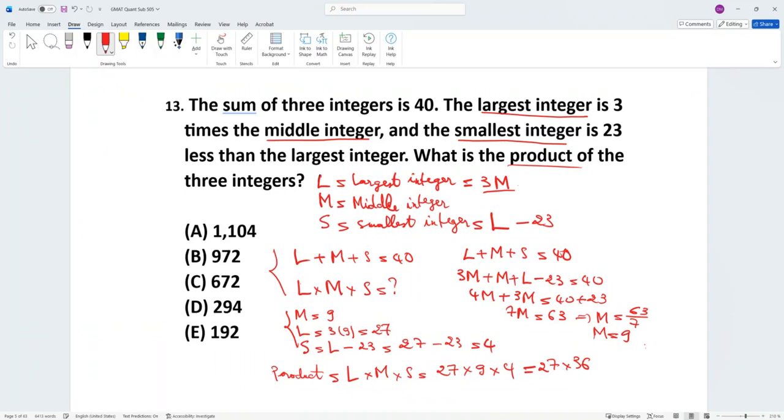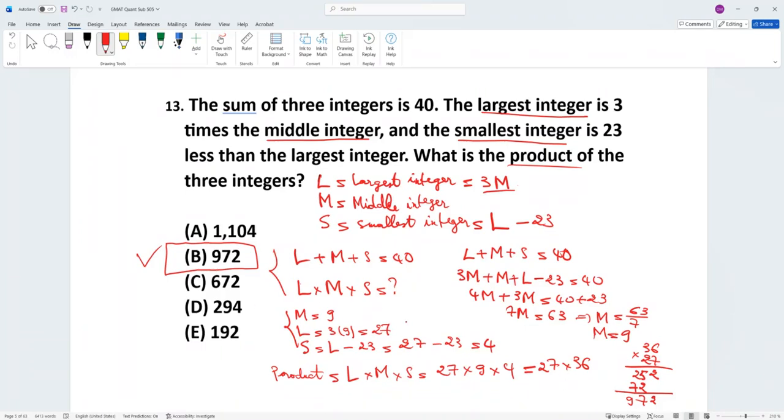If we just do the calculation, 36 times 27: 6 times 7 is 42, carry 4, 2 times 6 is 12, 2 plus 1... we have 972 here, so answer B, 972. Okay, so that's the product.